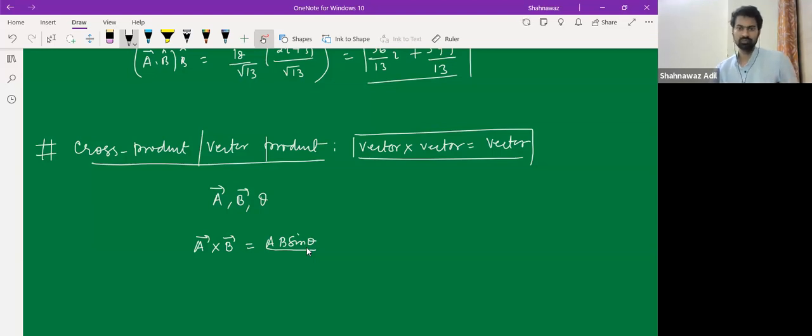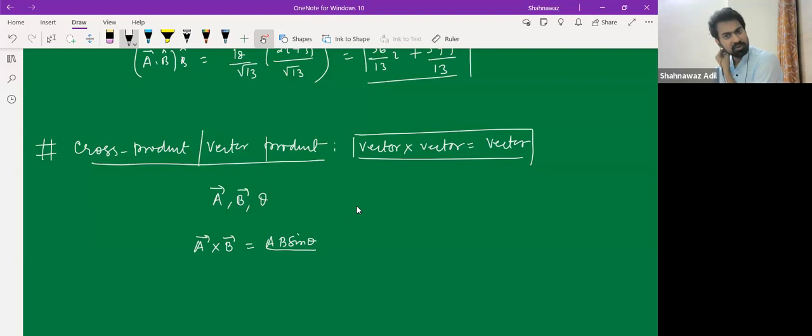Akib's answer is vector, Rishita's answer is scalar.